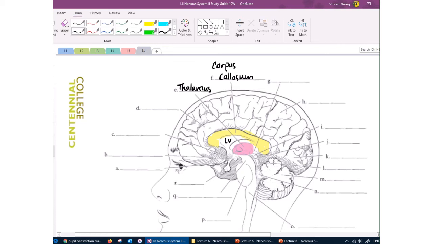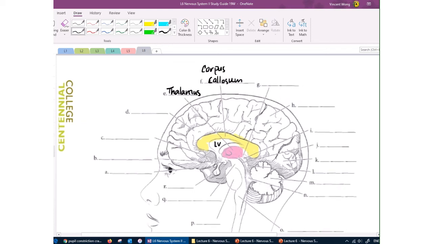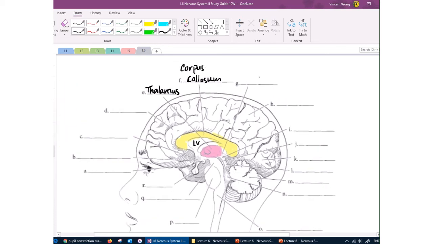The thalamus will filter all sensory information except for smell before sending it to the different parts of the brain. So if you have visual information coming in from the eye, it will go to the thalamus, and then it will filter it, and if it's worth sending forward, it will get sent to the occipital lobe.